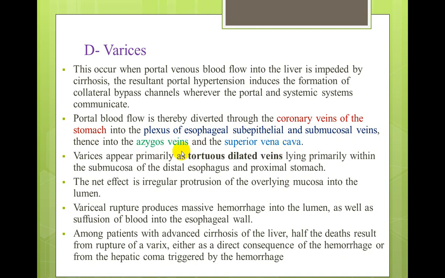Once there is an impairment of intrahepatic portal blood flow to reach finally the inferior vena cava, we activate the collateral bypass channels to return the blood through the superior vena cava. Varices appear primarily as dilated veins.